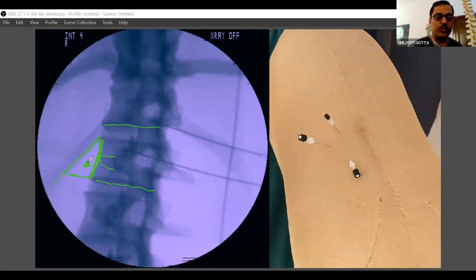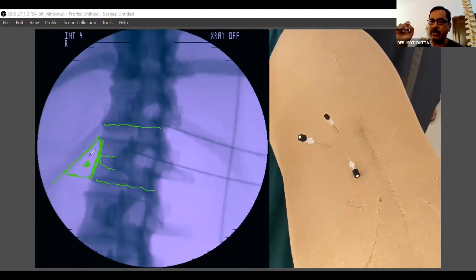So if we are pushing the needle here, it will not be touching the periosteum, not touching bone. What is the advantage? The advantage is that it is easy to do because we are doing tunnel vision. And second, it is not at all a painful procedure because you are not touching any bone. In the original Kappis procedure, what was there? You are hitting the vertebral body, then increasing the angle, scratching and going anterior.